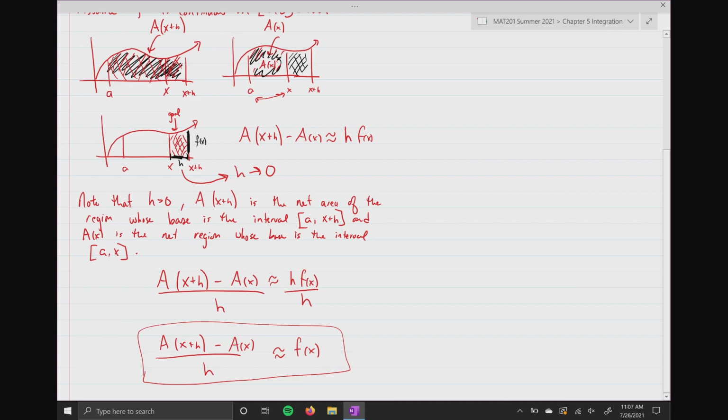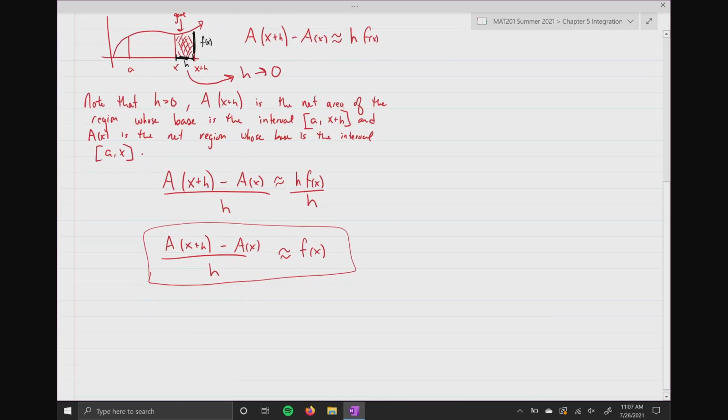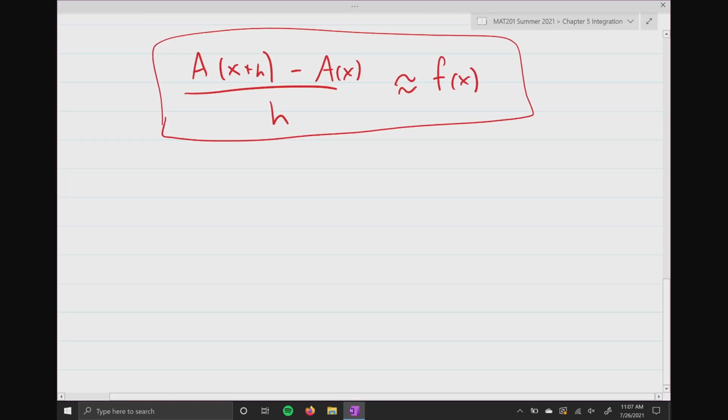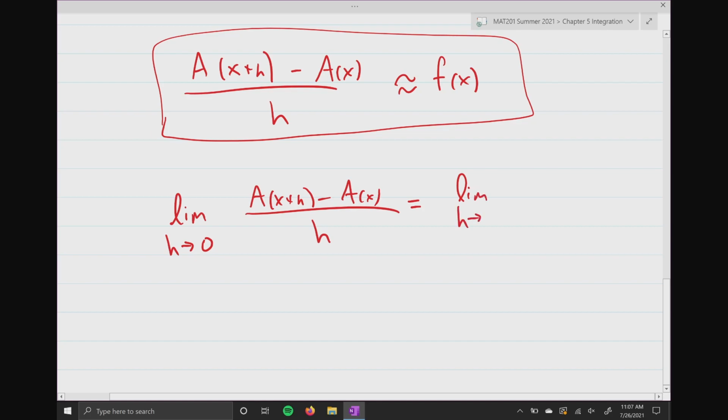I'm going to let that width of my rectangle just get smaller and smaller. Well, what we say is we're going to take the limit as h goes to 0, and remember, I have to do it to both sides.